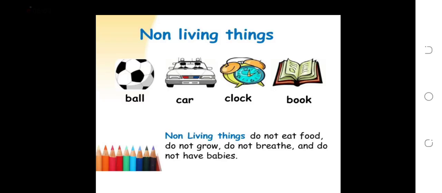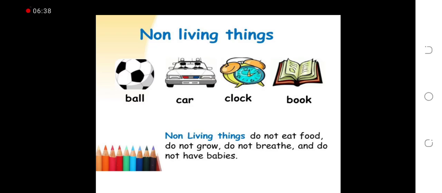Sheep give us wool. And now if we talk about non-living things, they are totally opposite to living things. Living things can grow, they breathe, they reproduce, and they die. These are all the characteristics of living things. But non-living things do not eat food, they do not grow, they do not breathe, and they do not have babies.